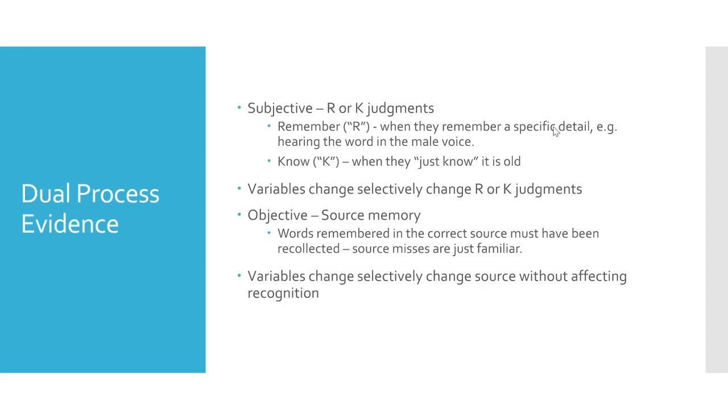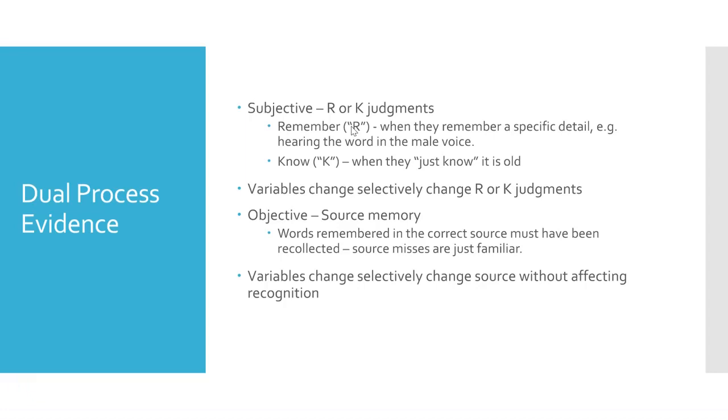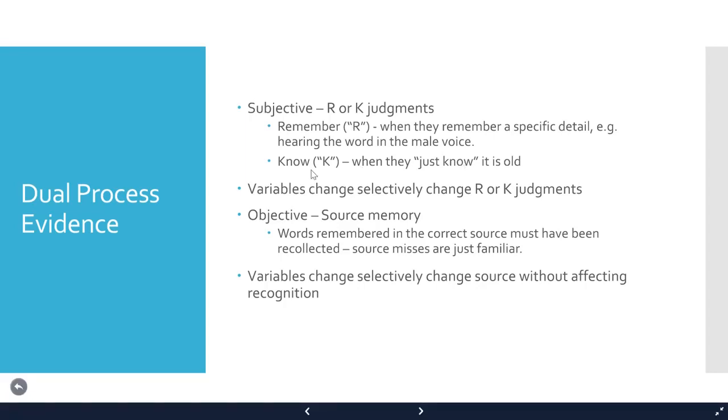If you remember which voice said it, that would be a specific detail, and that would indicate that you recollected something, so you give it an R. In other instances, when you just know it's old, you give that a K judgment. So R judgments map onto recollection, K judgments map onto familiarity, and it's subjective, people reporting on their own experiences.